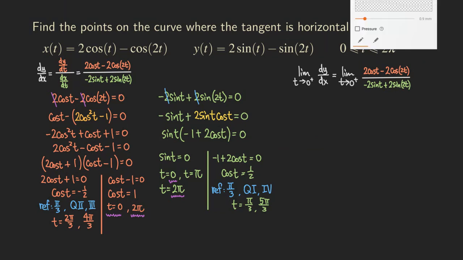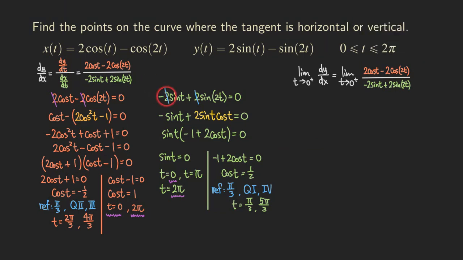If you plug in the 0, based on our solving of the two equations, we know that the top is approaching 0 and the bottom is approaching 0, right? Because that's an indeterminate form, we can use L'Hopital's rule to help us find the answer.